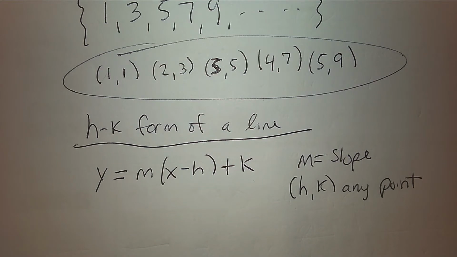I'm listening. What do you say? What is linear? Arithmetic is linear. So when we do an arithmetic sequence, it's just a linear equation.